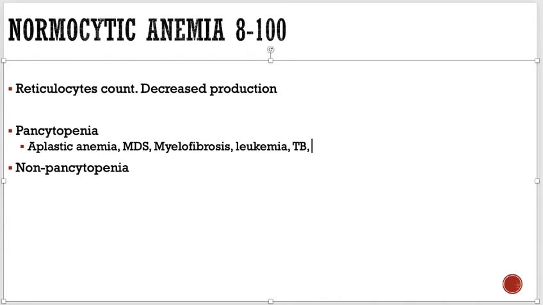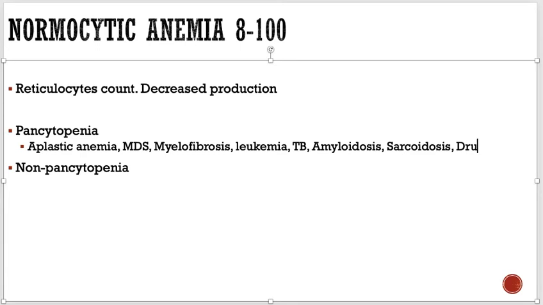There are also conditions called infiltrative conditions, in which the bone marrow is infiltrated by other tissues, for example amyloidosis or sarcoidosis. The bone marrow is infiltrated by some other tissue, and it cannot produce the normal cells.